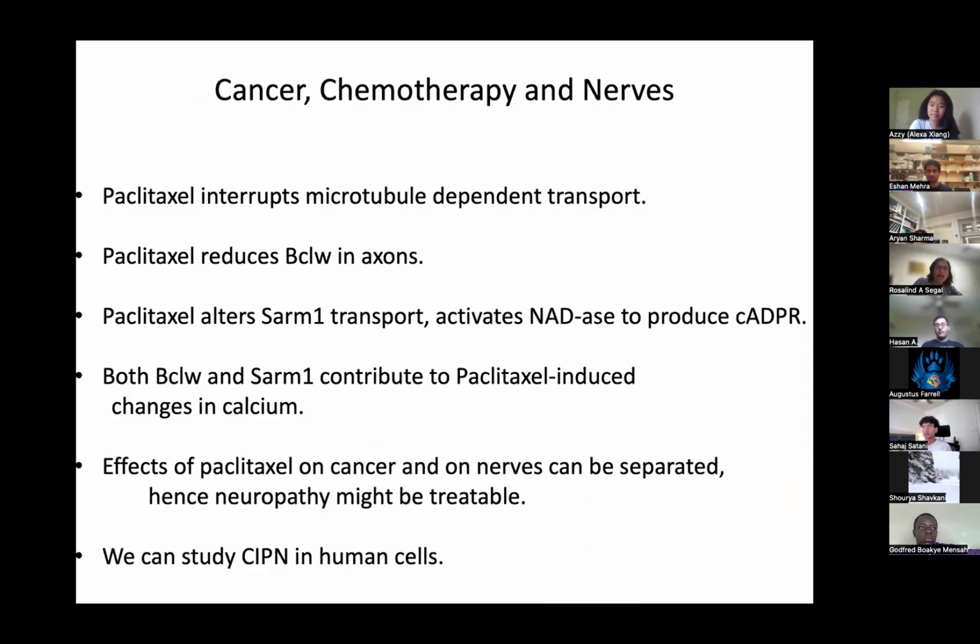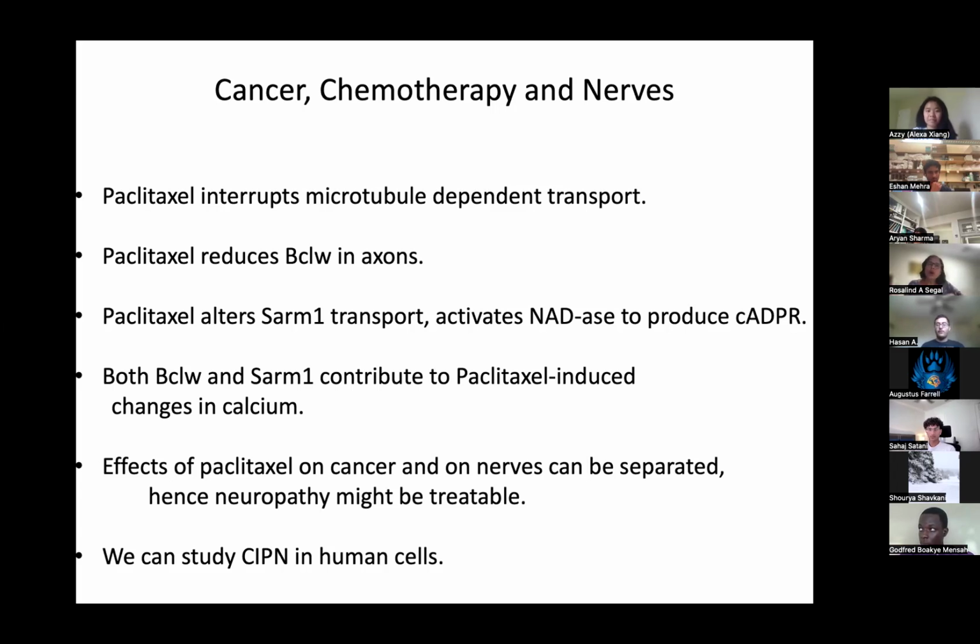Okay, so I've told you about degeneration in general, about how paclitaxel interrupts transport. It includes transport of RNA granules and also of SARM1. There are multiple things that probably contribute to paclitaxel-induced degeneration and changes in calcium.